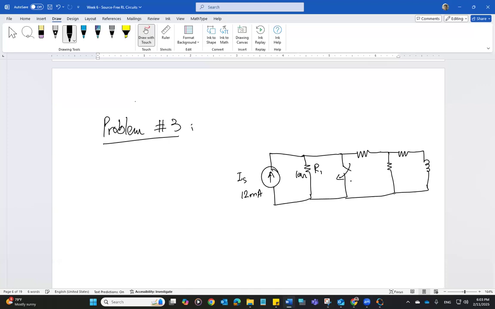Switch is closing at t is equal to 0. R2 is 50 ohms. R3 is 200 ohms. R4 is 510 ohms. And L is 20 millihenry. And the question is, for the circuit, find IL(t) for t greater or equal to 0.